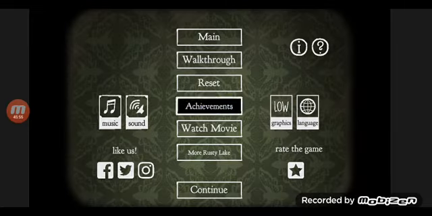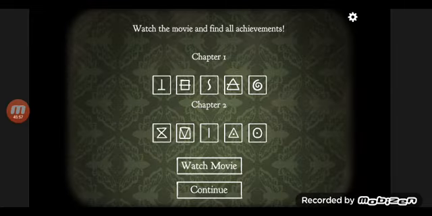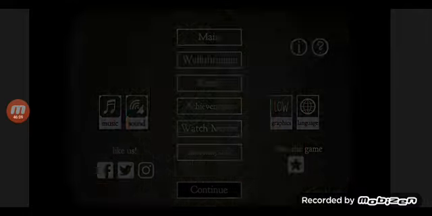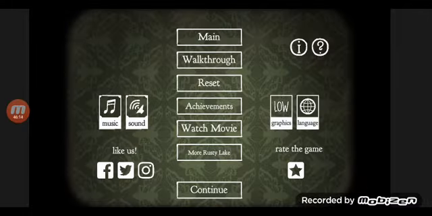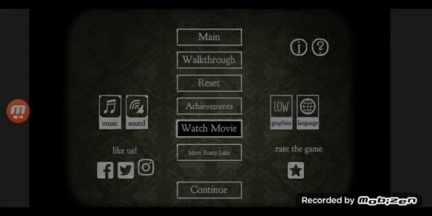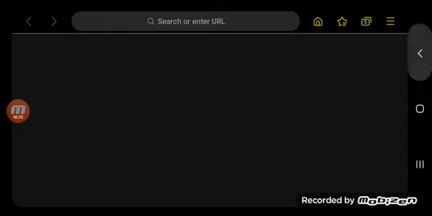So to get the alternative endings here, we'll need to look at the symbols from the achievements and insert those symbols here. So the first, wait a minute.